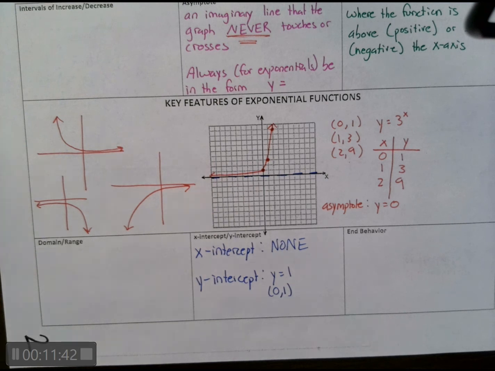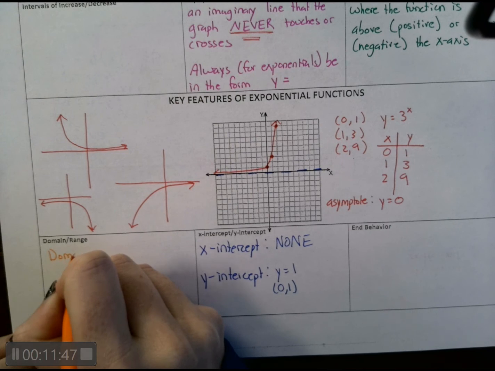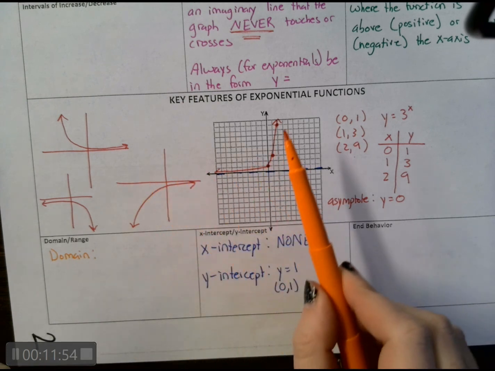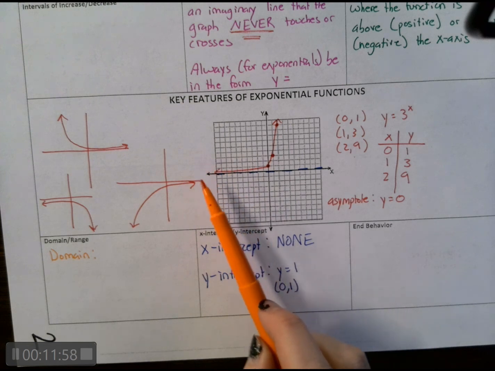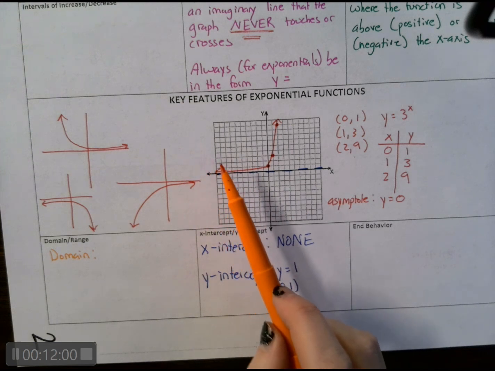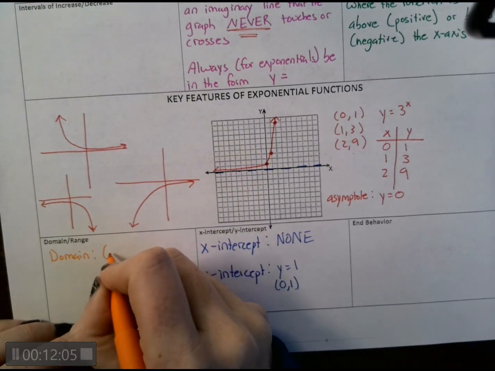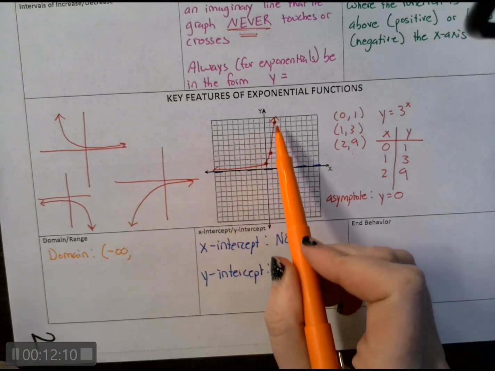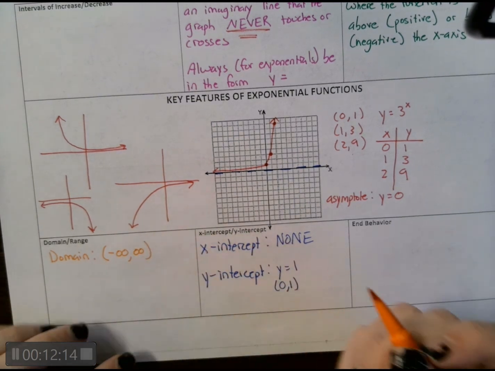Alrighty, now domain and range. This is something that we have talked about before, whether you remember it or not. So if we talk about our domain, we are going from left to right. If we start at our leftmost point, what's there? It's an arrow. Good. So what happens when there's an arrow at our leftmost point? Right, that's going to be negative infinity. And then we go to our rightmost point, and that's going to be positive infinity. Good.